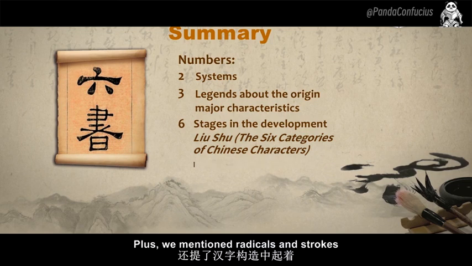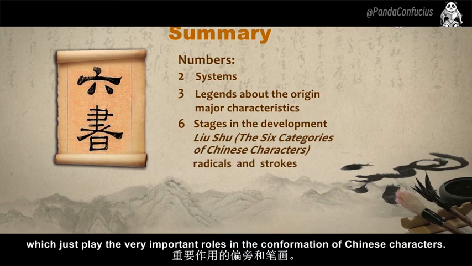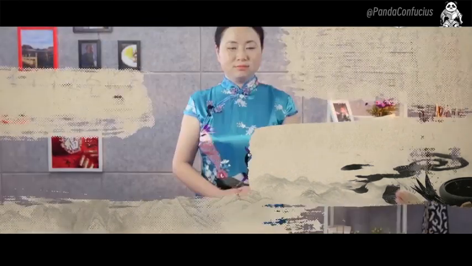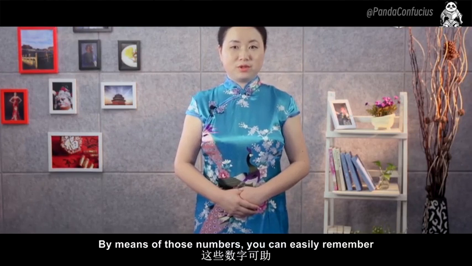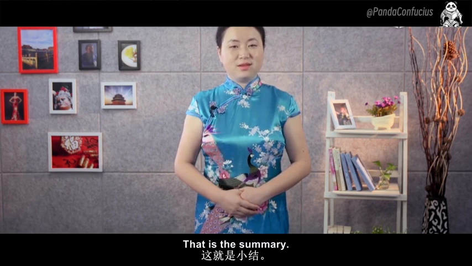Plus, we mentioned radicals and strokes, which just play the very important roles in the conformation of Chinese characters. By means of those numbers, you can easily remember what you have learned. Are you clear? That is the summary.